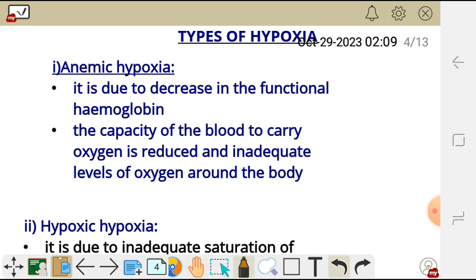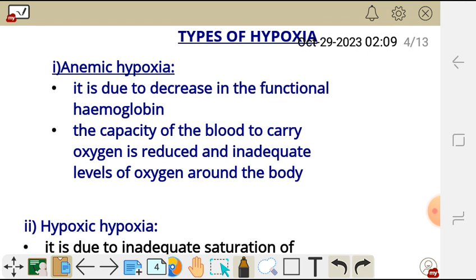We have anemic hypoxia. So anemic hypoxia is due to decrease in the functional hemoglobin. So the functional hemoglobin is decreased, or the number of red blood cells having functional hemoglobin is reduced. That is anemic hypoxia.